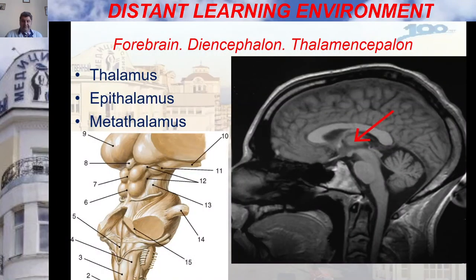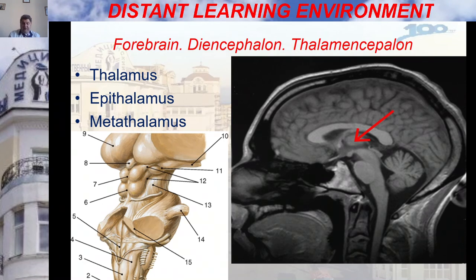So you may see pulvinar thalami, number 9, and also you may see it here in this MRI investigation. The separation into the anterior end and the pulvinar corresponds to the functional division of the thalamus into the center of the afferent tracts and the center of vision, the posterior end.